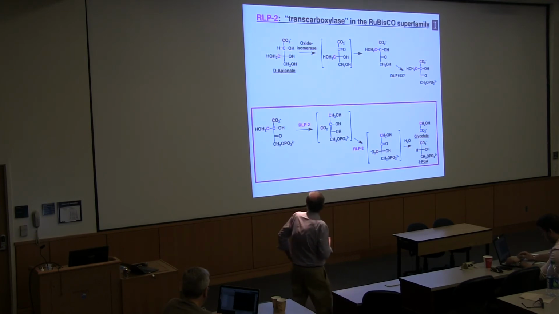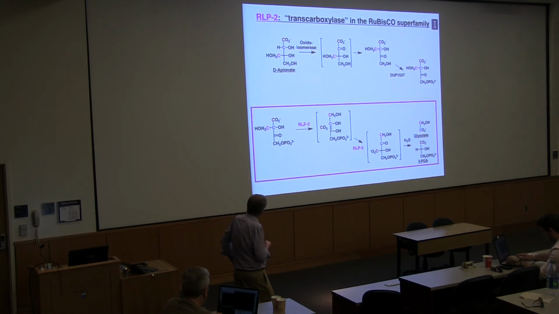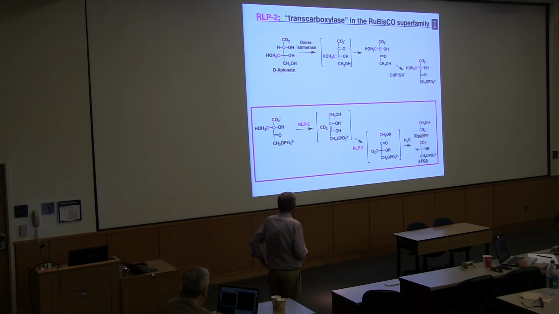It turns out that it takes the phosphorylated 3-oxo-isoapionate, and this is decarboxylated, and then that carbon dioxide actually moves from one carbon to the adjacent carbon, and it carboxylates, so you generate an enolate anion intermediate, and then the other carbon of the enolate anion intermediate is carboxylated. And then this is hydrolyzed, and you make glycolate and 3-phosphoglycerate.